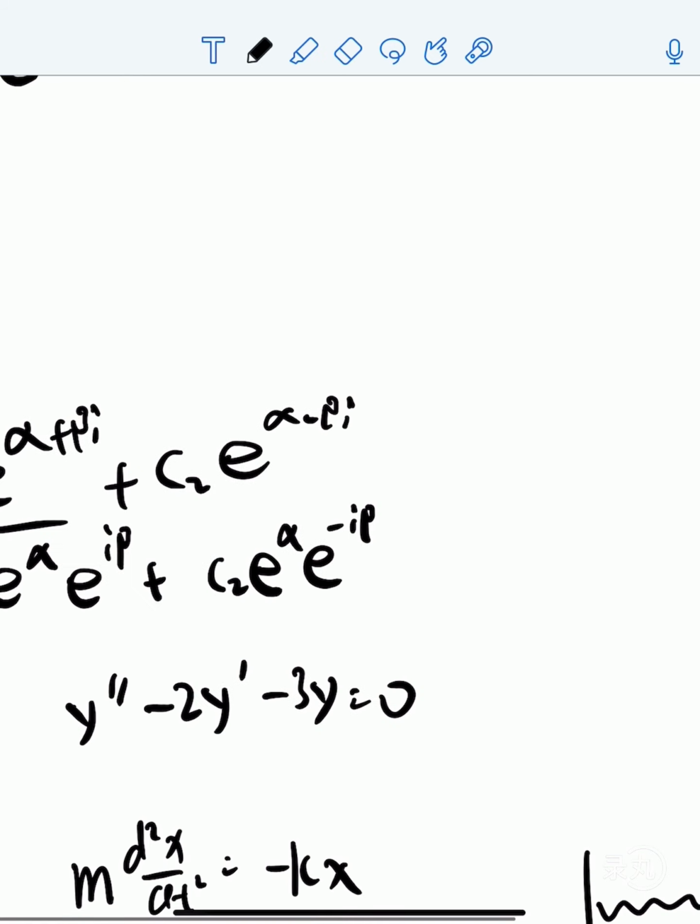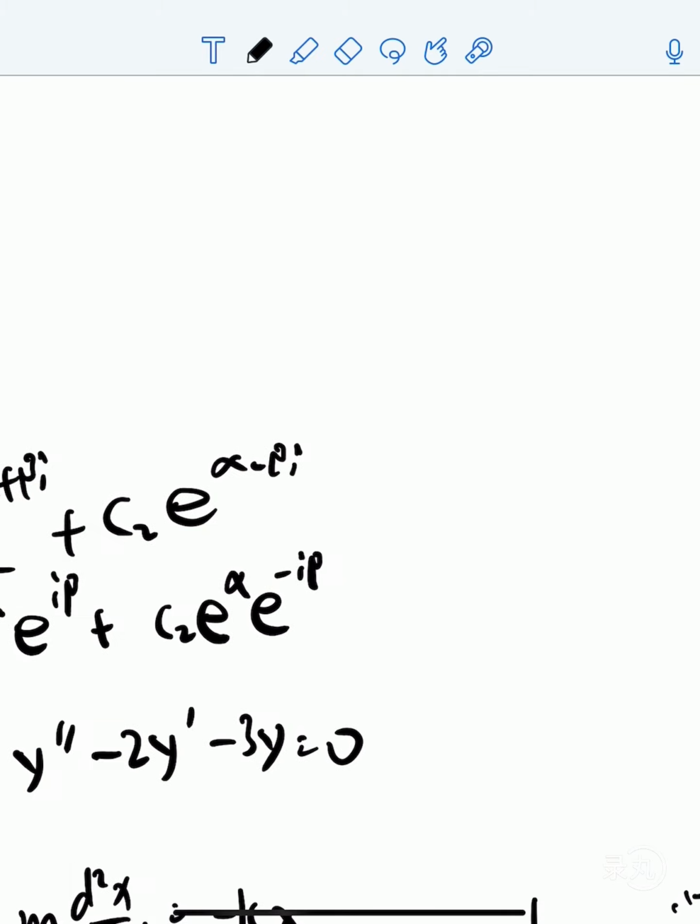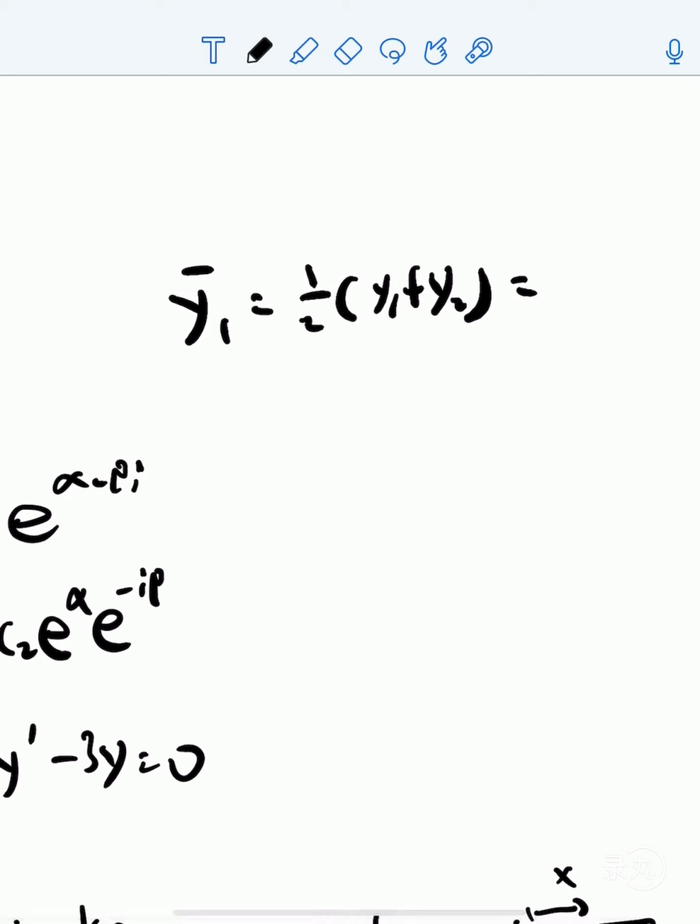Through some combination by changing the variables, we can see that if we choose y1 equal to this, it is e^(alpha x) cosine beta x.